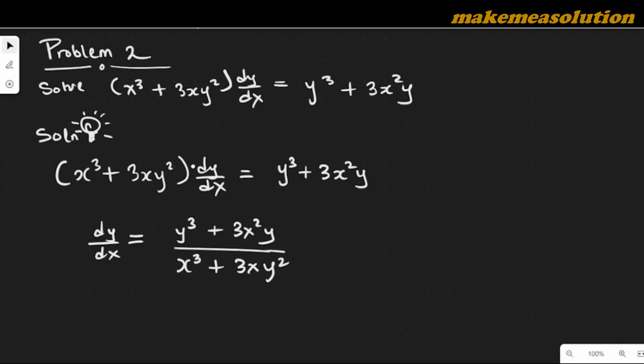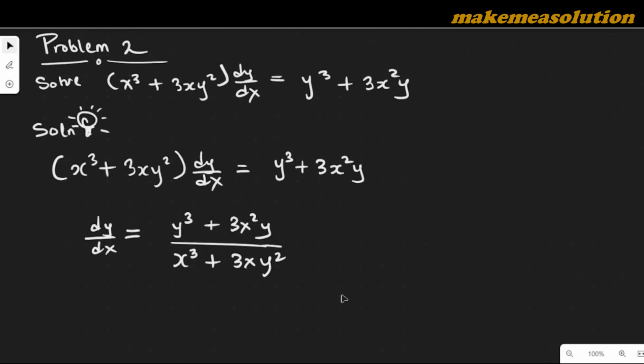Now from this example henceforth, I'm going to be using shortcuts. I'm going to be showing you short ways of determining some things. Of course you already agree with me that from what we've developed so far, this right hand side is homogeneous.